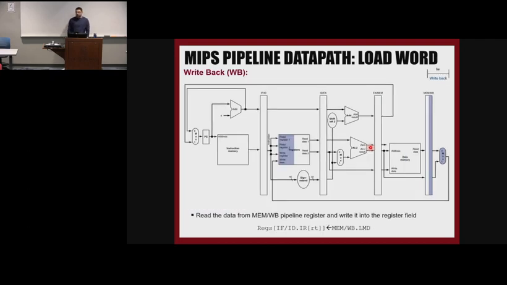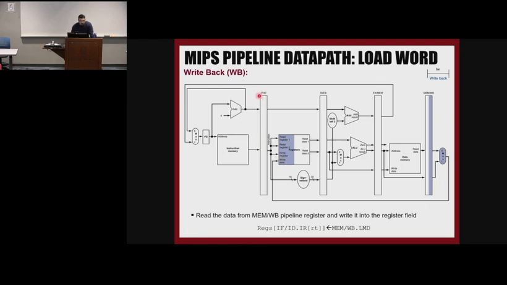The last stage is the write back. So in the write back, we read the LMD, which is the content we read from the memory, and we just pay attention a little bit more here. So we have this, and we want to write it back to the register file. The address that we want to write back to is coming from the RT field of IFID.